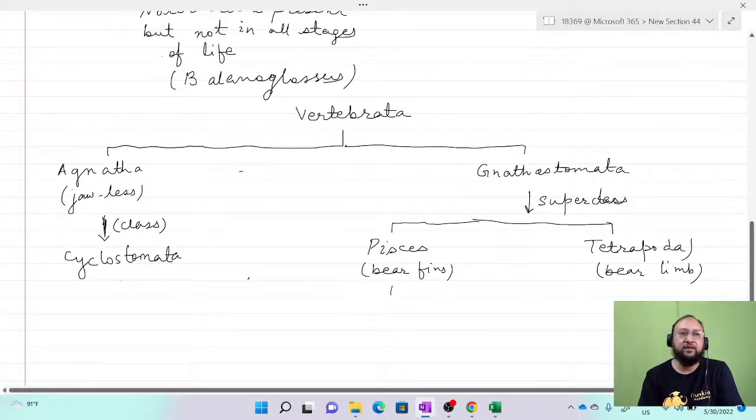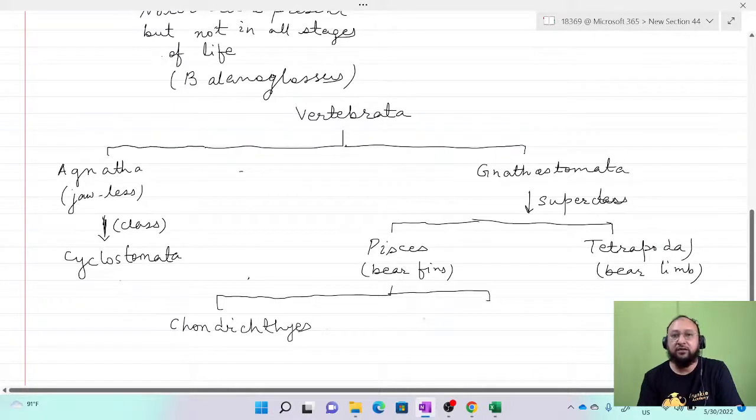Now this is the class: Chondrichthyes and Osteichthyes. That means cartilaginous fishes and bony fishes.